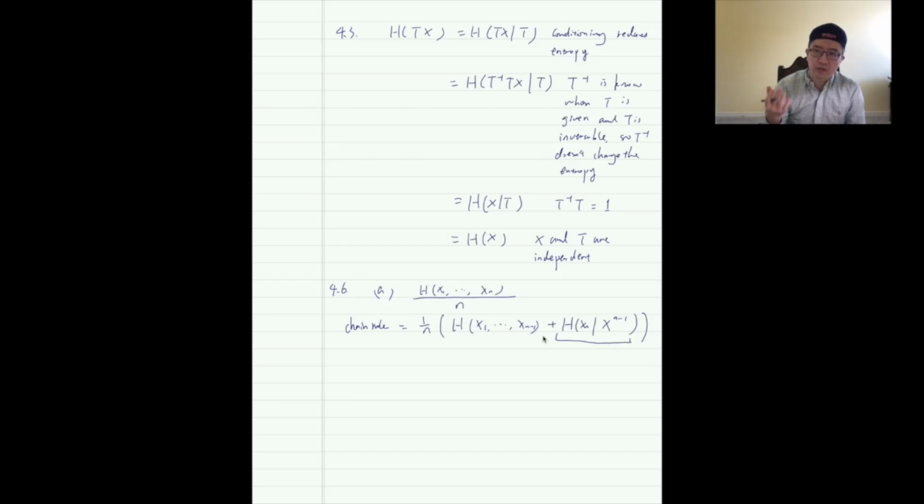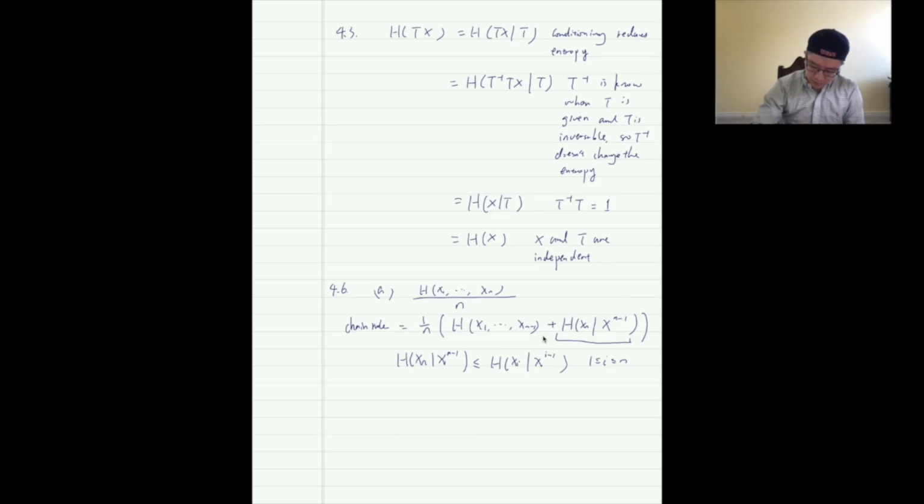Because the sequence of x is a stationary stochastic process, we have shown that H of xn given x1 to xn minus 1 will be less than or equal to H of xi given x(i-1) down to x1, where i is from 1 till n. So this is from the stationary property, right? So I've shown this before.